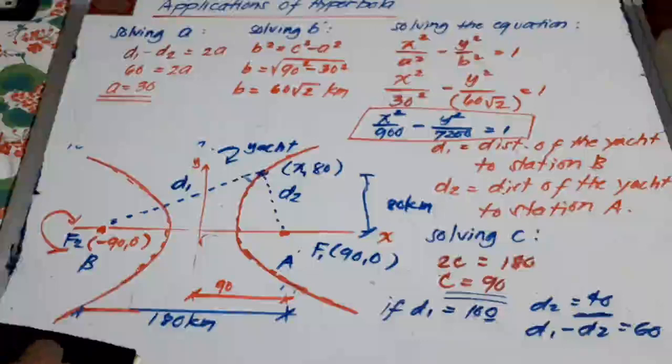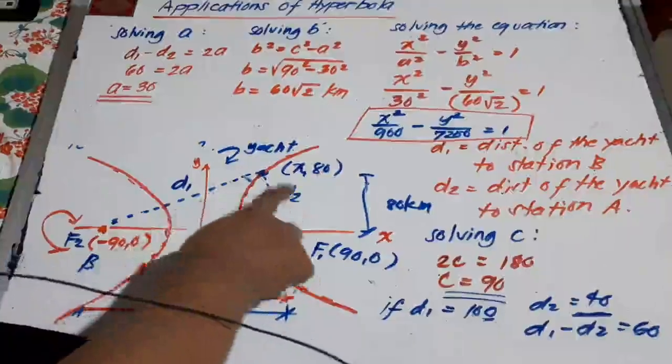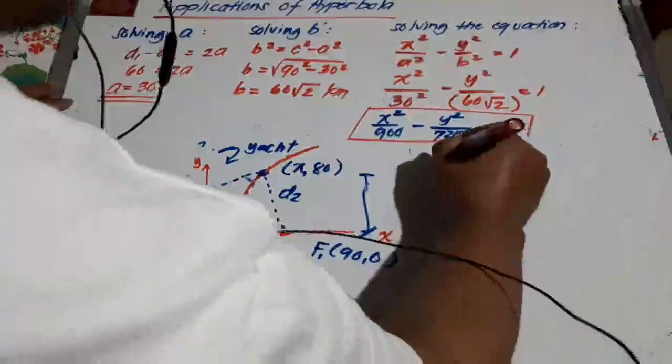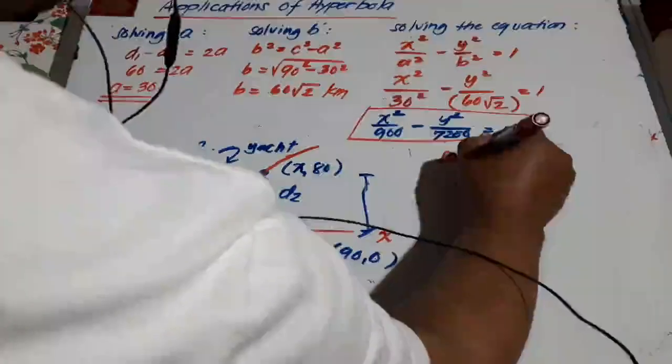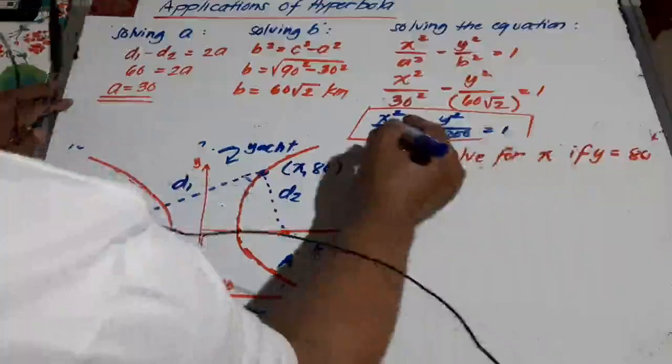Okay? Now, pag nakuha na natin yon, we can now determine D1 and D2 using distance formula. Solve for x if y equals 80. So, ibig sabihin, if y is 80, we can solve for x.